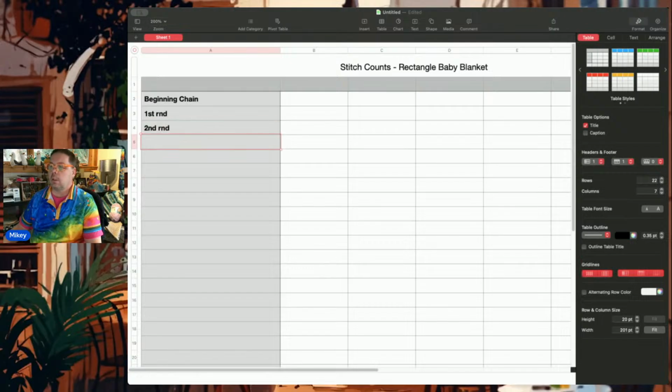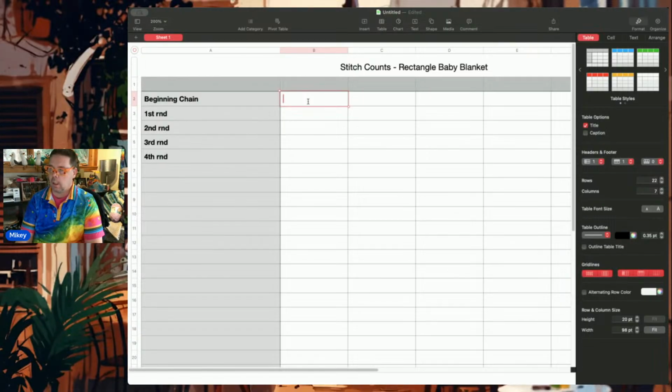So we're going to just begin to start and just be able to do this out, and then this will be provided with the pattern once I've got things worked out, because I really don't know what the solution is yet. So we have the beginning chain is then 0. So we need to have what the growth of the chain is going to be. So we're going to have to say stitches per side.